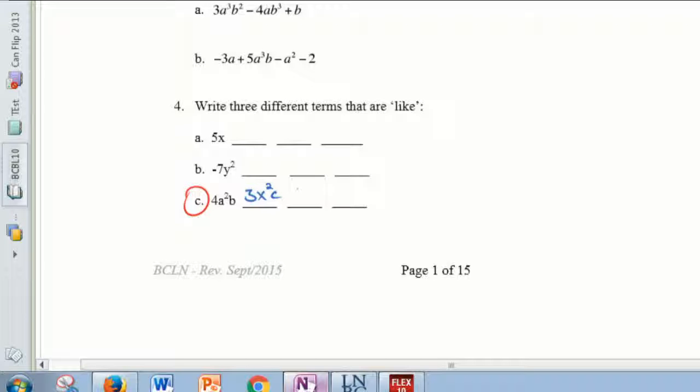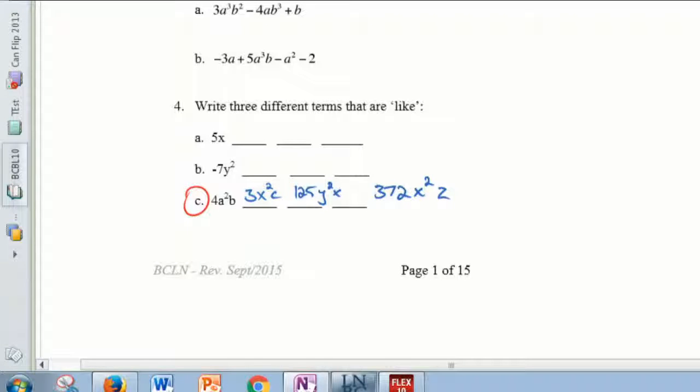We could have like 125y squared times x and 372x squared z. There we go. There's our 3 terms that are like that.